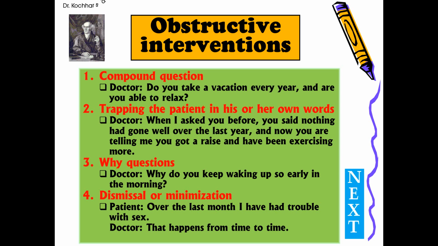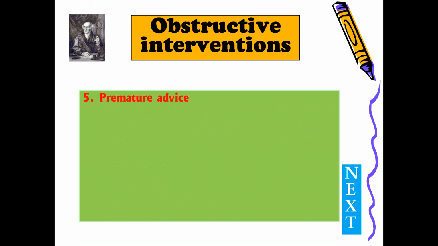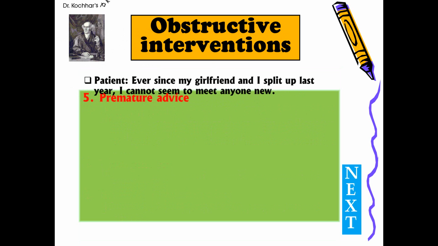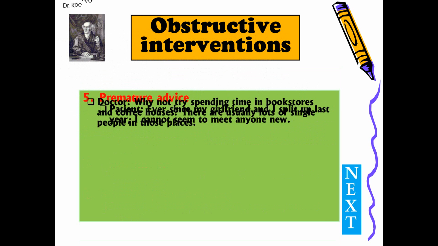Then dismissal or minimization. The patient says, over the last month I have had trouble with sex. He tells about his problem. Now what do you say? That happens from time to time. So you are minimizing it and dismissing his genuine concern, which may upset him, which may obstruct. And then premature advice.